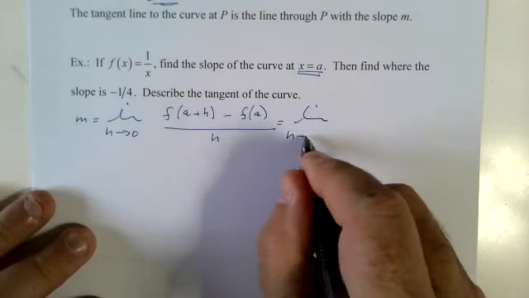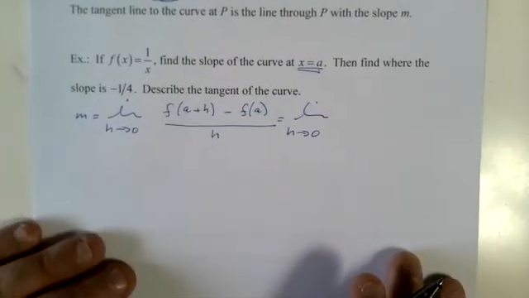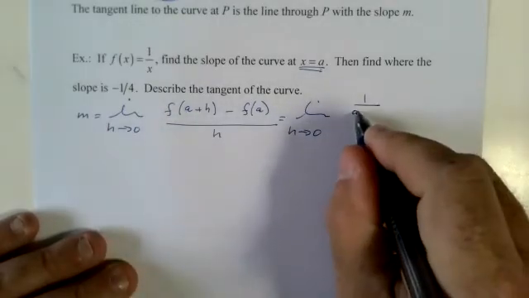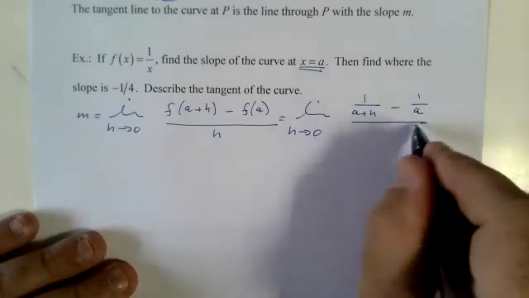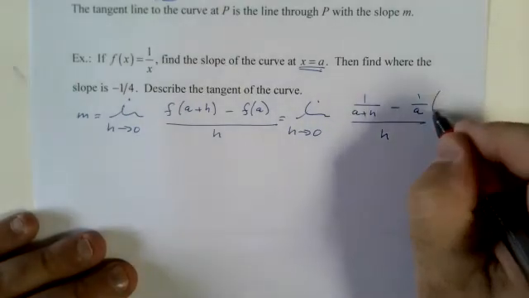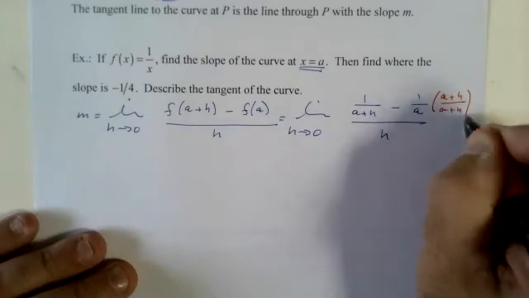Doing this really the long way. But hey, that's how we do math sometimes. 1 over a plus h minus 1 over a over h. This is something we're going to do a lot this year. So why you have to get good at fractions immediately, not sometime in your future. Common denominator.